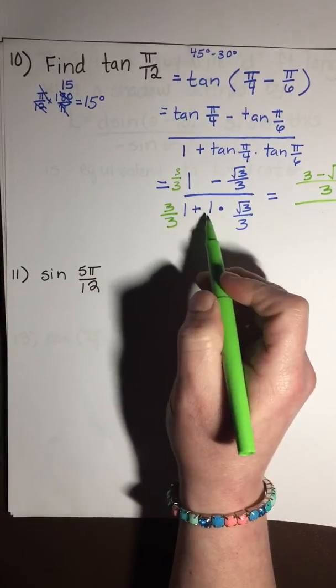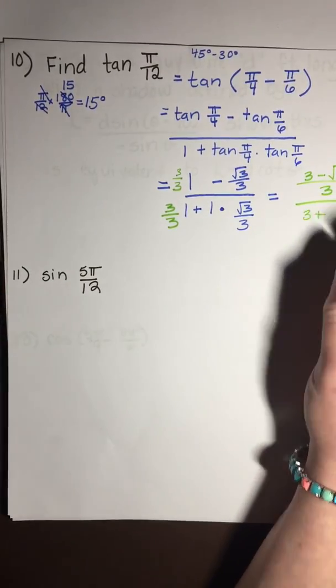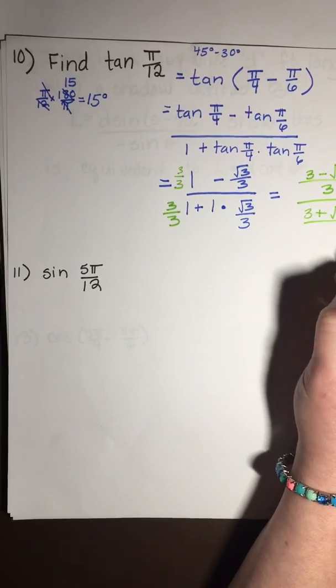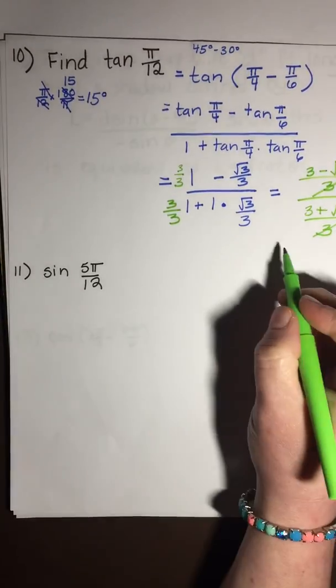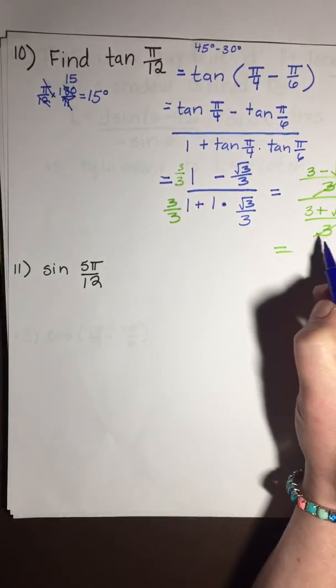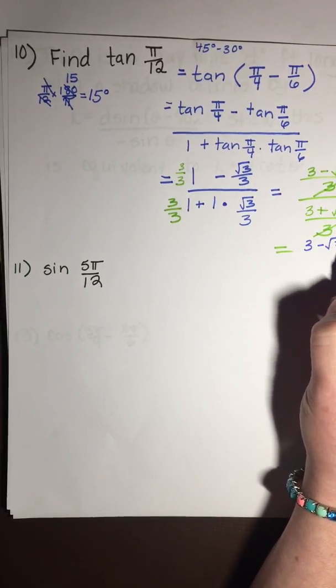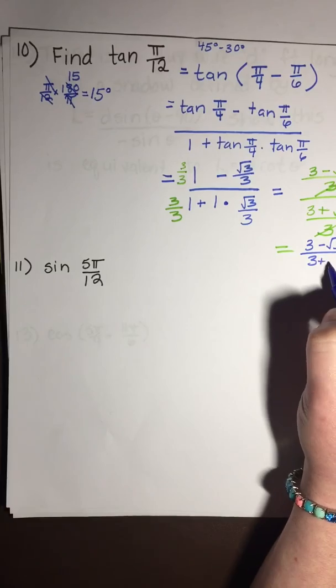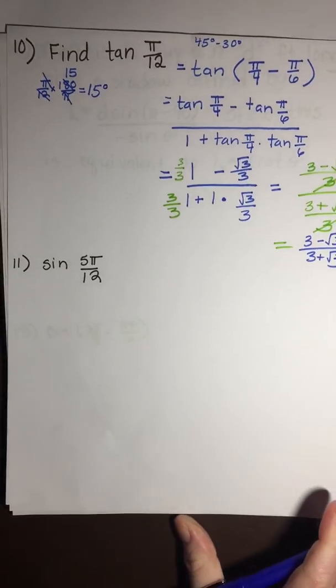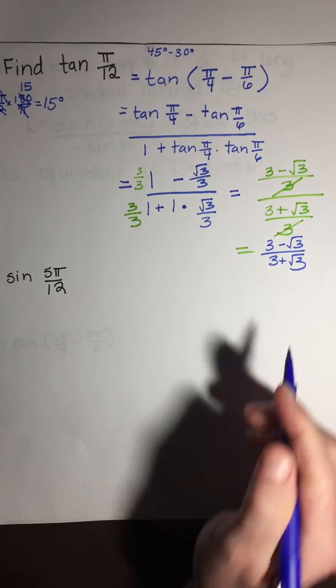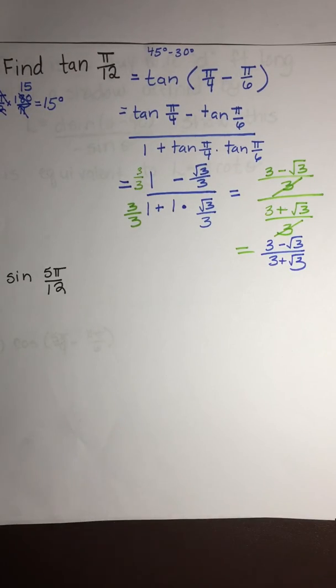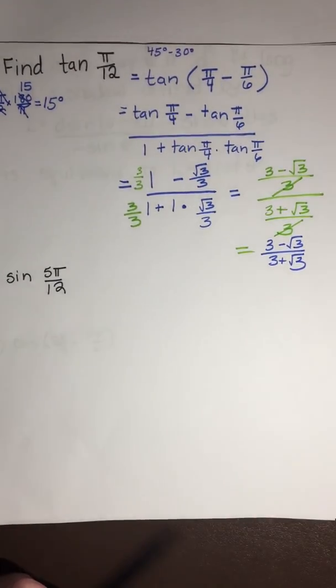So we would have 3 plus the square root of 3 over 3. And then these 3's will cancel, and you're left with 3 minus the square root of 3 over 3 plus the square root of 3. And it turns out that on Pearson, they are just happy as they can be with that radical in the denominator, so we are not going to worry about it, okay?